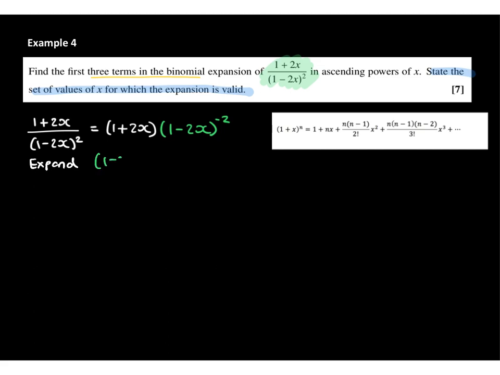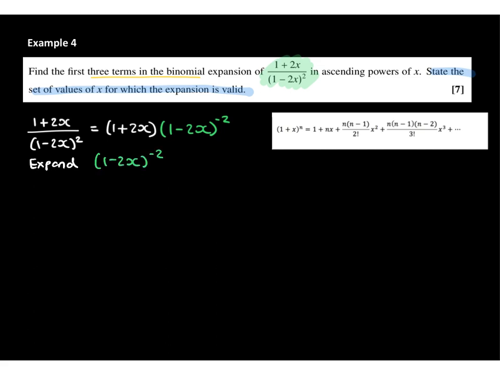Now we're going to need to do 2 parts to this because, of course, ((1 plus 2x) over (1 minus 2x)) all squared can be written as (1 plus 2x), which is the numerator, multiplied by (1 minus 2x) to the power of negative 2. So our first job is to expand (1 minus 2x) to the power of negative 2.